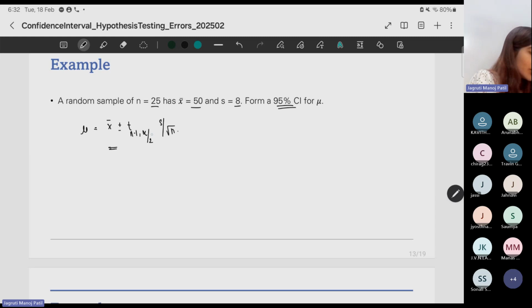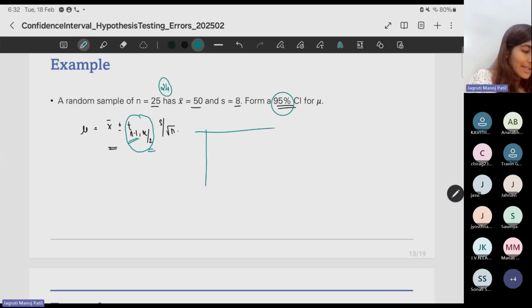What you need to compute here is this particular value, which comes from the T tables. If you don't know how to read that, I'll show you when the session ends, or perhaps in the next session. How we compute it: you look at n minus 1. Now you have n equals 25, so you take 24, and then you look at alpha by 2, your confidence interval values.